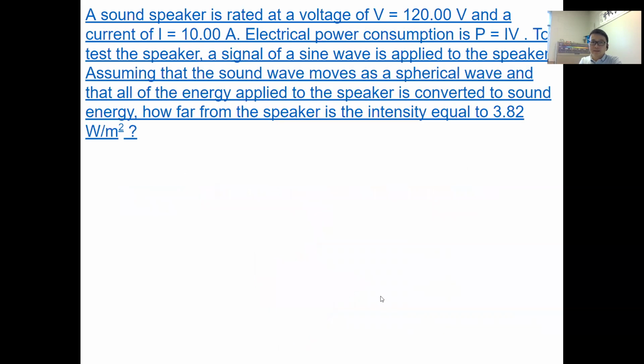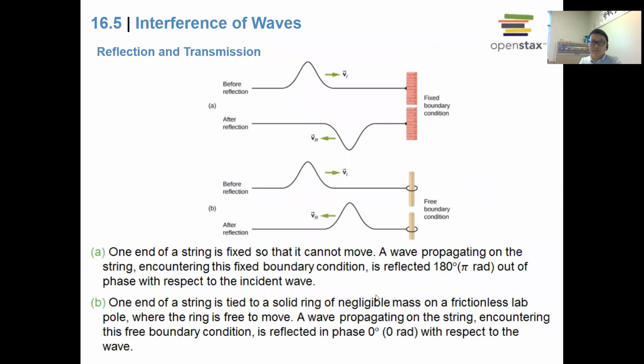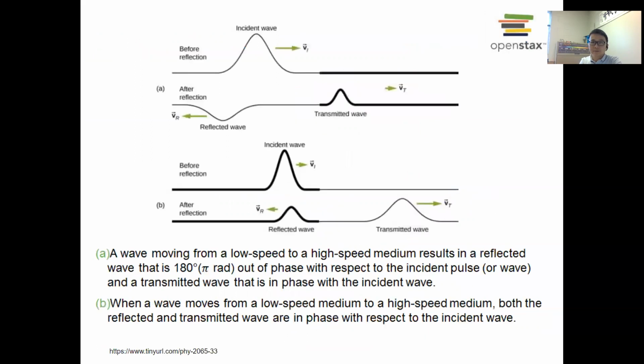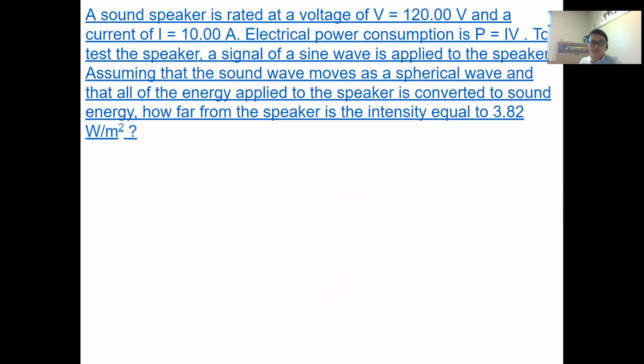Let's take a look at the example here. It says a sound speaker is rated at a voltage of V equal to 120.00 volts and a current of 10.00 amps. If you have V and I, you can calculate the power.